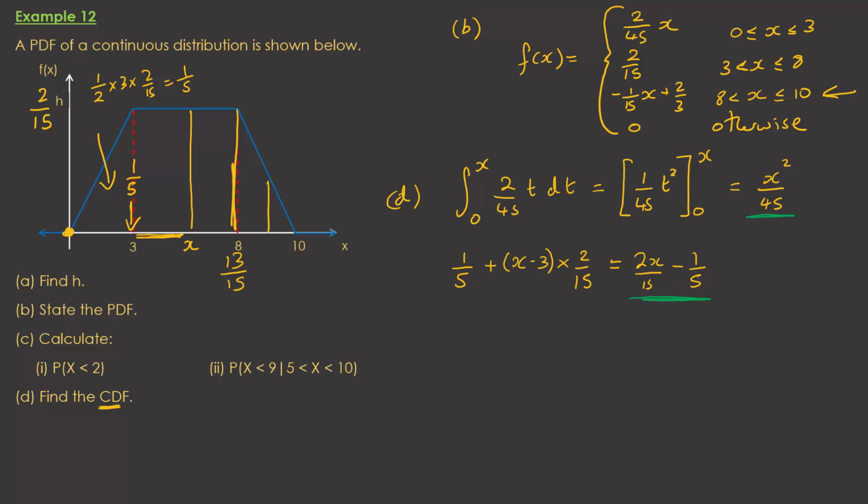And then the x will be in here, and we need to add on this area. So it's going to be 13 over 15 plus the integral from 8 to x of negative 1/15 t plus 2/3 dt.